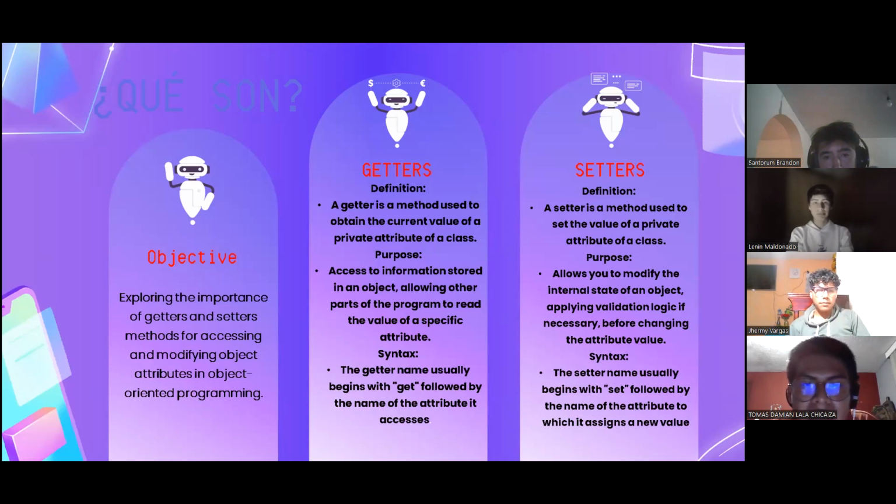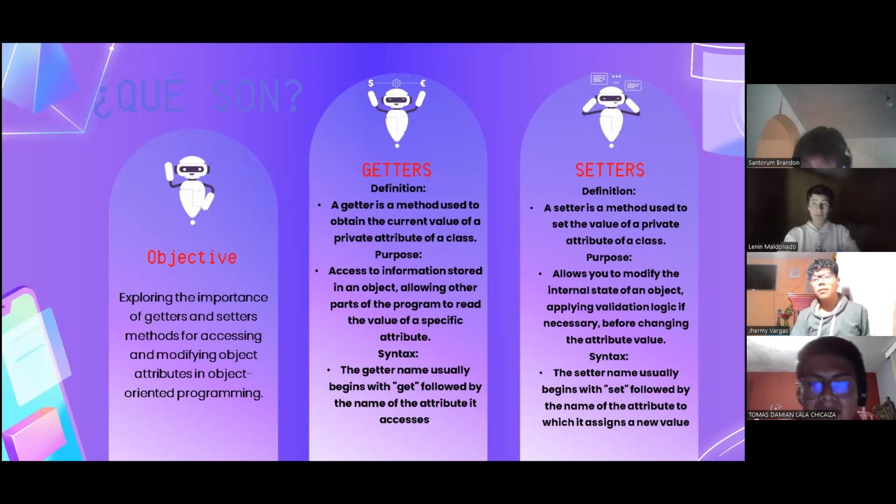Purpose. Access to information stored in objects, allowing other parts of the program to read the value of a specific attribute. Syntax. The getter name usually begins with get, followed by the name of the attribute being accessed.